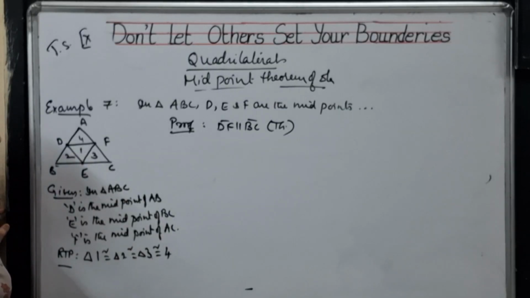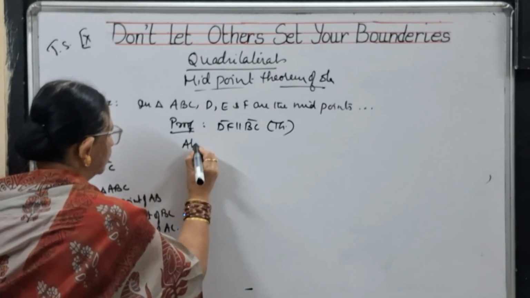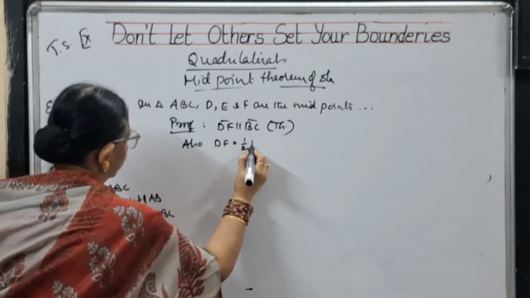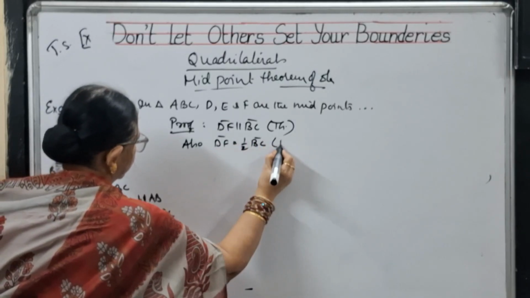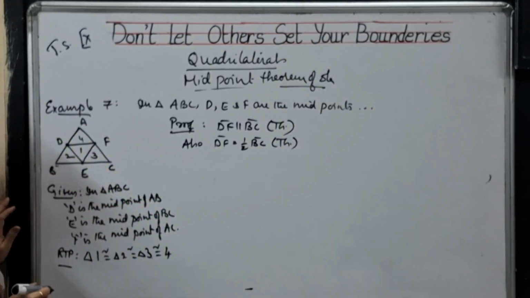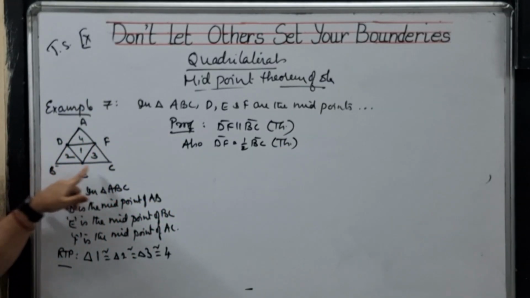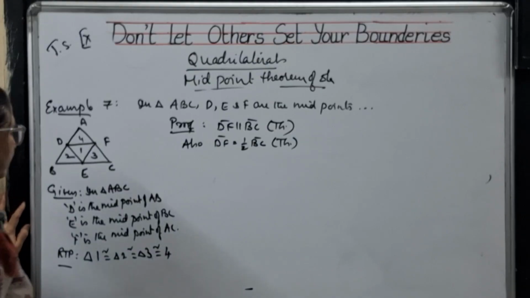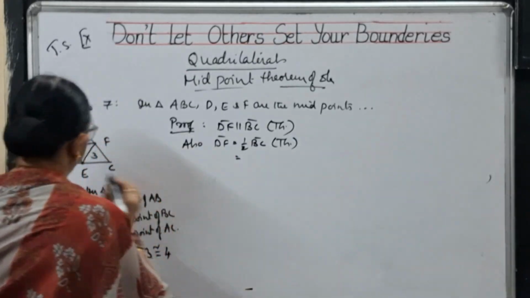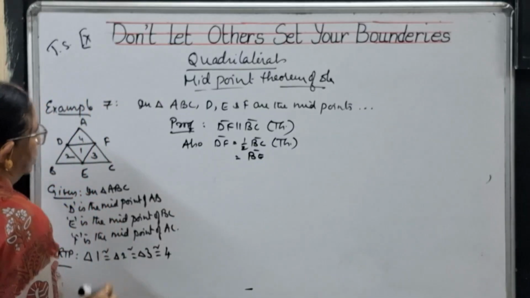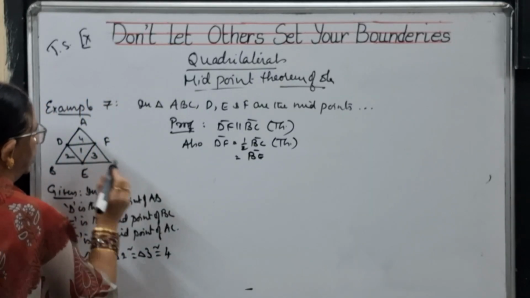Also, DF is half of BC. This is also a theorem: the line joining the midpoints of two sides of a triangle is parallel to the third side and also half of it. So half of BC, that means what, children? Half of BC is BE.